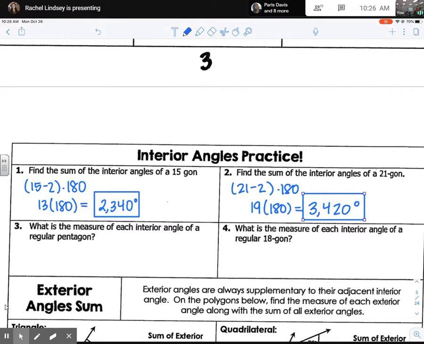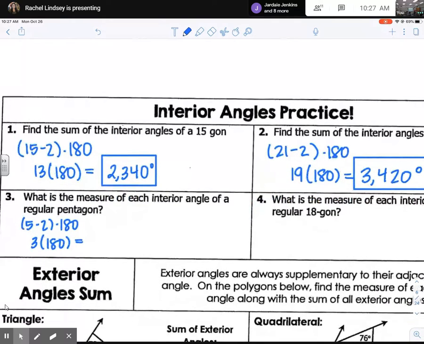Okay. Number 3 is a little bit different. It wants you to find the measure of each interior angle of a regular pentagon. First, let's find the sum of the angles of a pentagon. So 5 minus 2 times 180 is 3 times 180, which is 540. So we know all the angles of that pentagon add to equal 540.